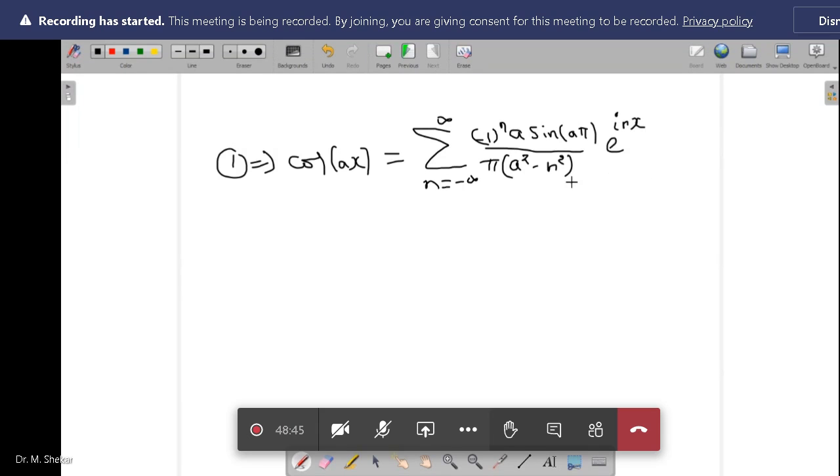So this is the solution of the complex Fourier series expansion of cos ax in the interval minus pi to pi.